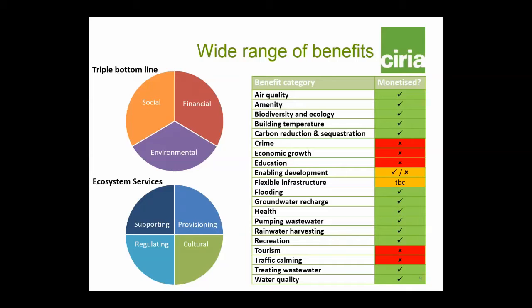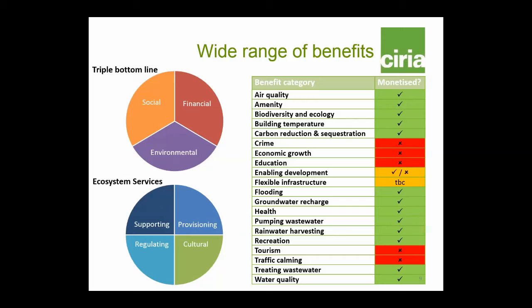There's a number which we felt were far harder to put values against robustly, in red, and then there's one for enabling development, which is a more specific case, which is why that's in amber. So they're the available benefits to date that are included within the tool.